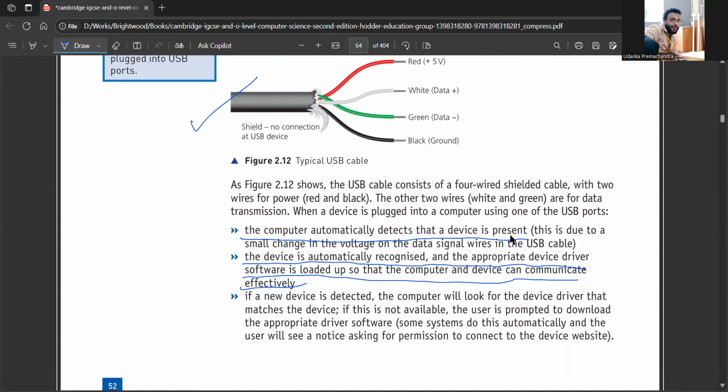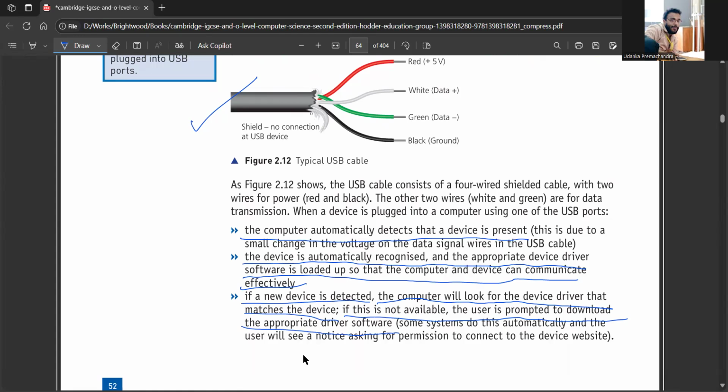If a new device is detected, the computer will look for the device driver that matches the device. If it is not available, the user is prompted to download the appropriate driver.